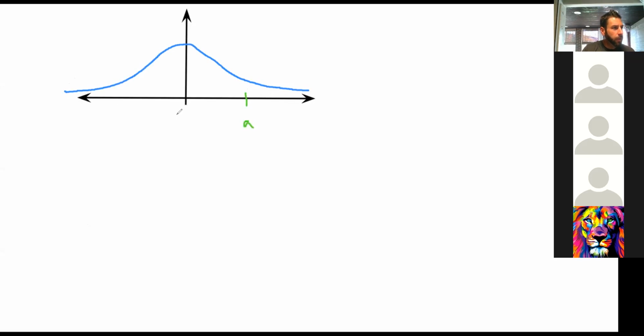If this is A, then the same distance over here would be negative A. And so this region, this area, and this area, so what is this region? This is the area under this curve. So this is the probability Z is greater than A. This is the probability Z is less than negative A. And these two things are equal.